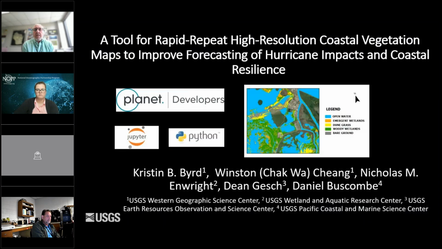Another part of our team's work on vegetation mapping, in this case coastal vegetation mapping, refers to updating the information. So if there's been a change after a storm, or if the data itself are older, this is a tool that's been developed to produce this high resolution elevation data and vegetation data for these coastal areas. And I'll step through this real quick.